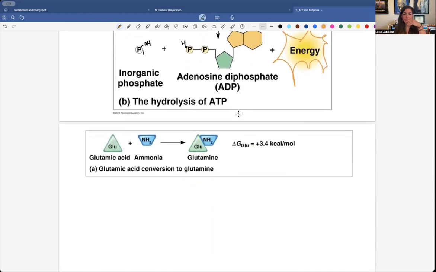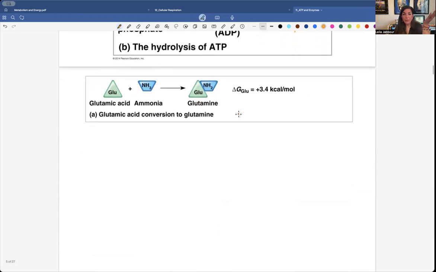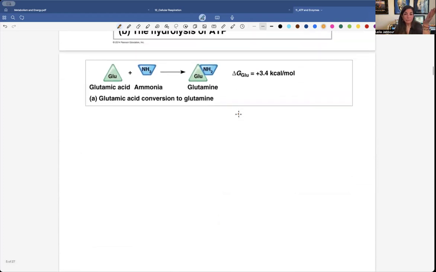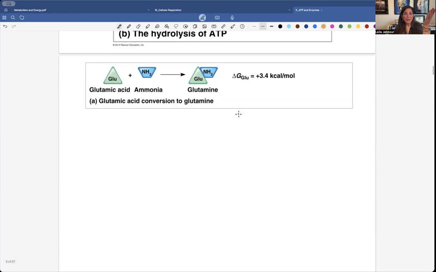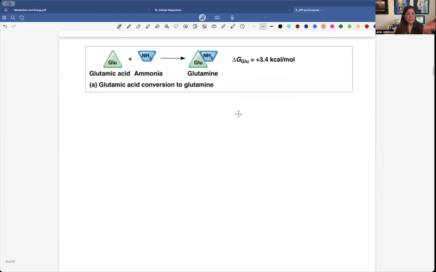All right. Here's an example of how ATP can be used. So this is just another example. I gave the example of a pump at the membrane, but here's another example. So for example, if we need to transform glutamic acid into glutamine, which is a different amino acid, we are basically adding a nitrogen of an amine functional group.